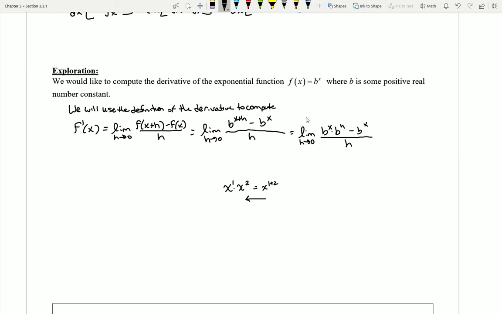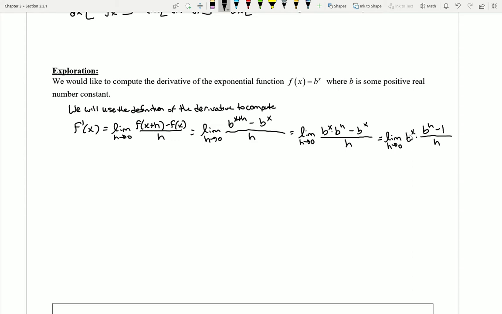Now once I have this, you might notice that in my numerator, I actually have a b to the x in common between the different terms. If I pull my b to the x out, I would get b to the x, and then in my limit, I'd be left with b to the h minus 1 over h. Now in this limit, since h is what's headed to 0, not x, x can be regarded as a constant.